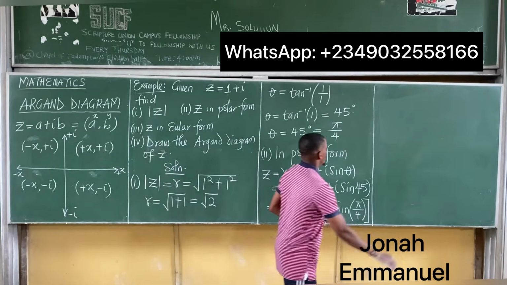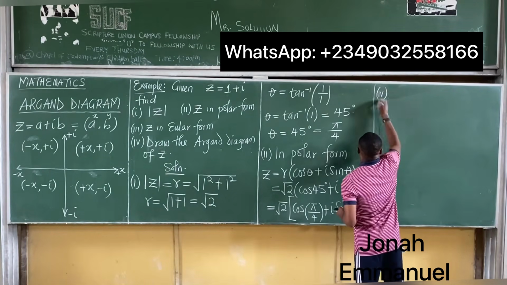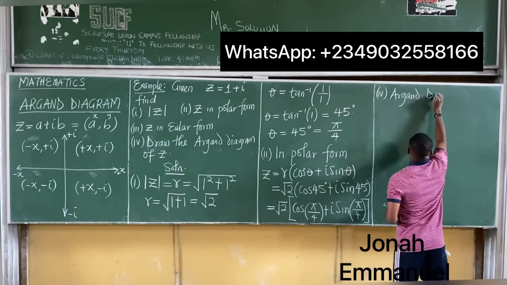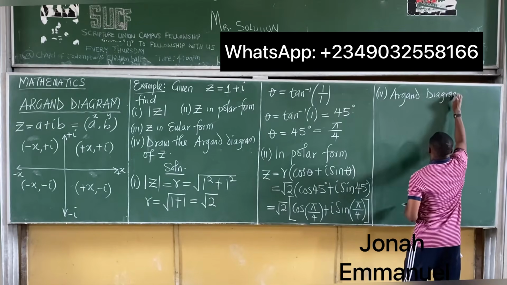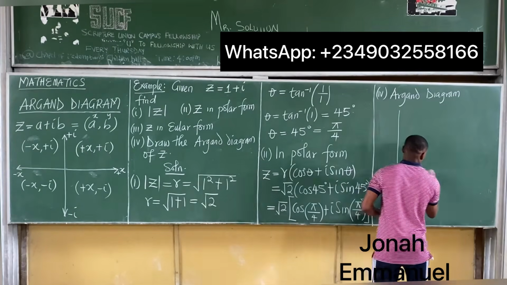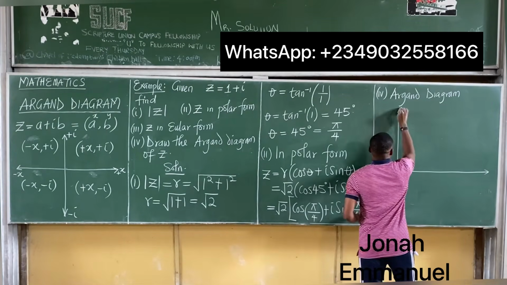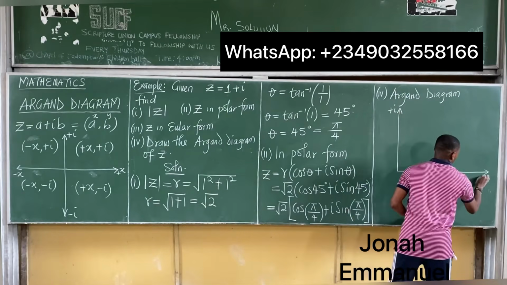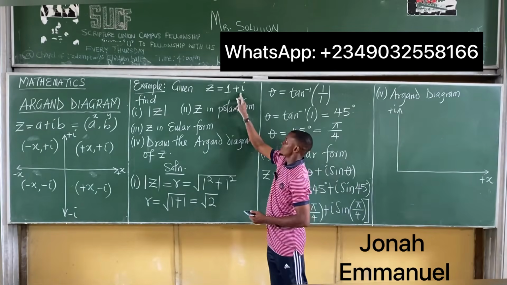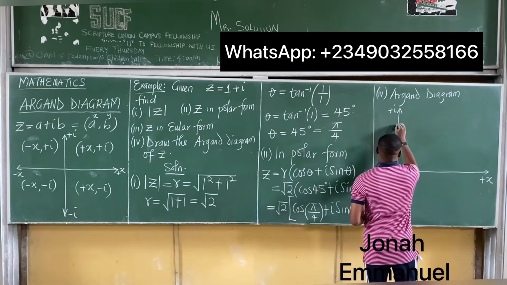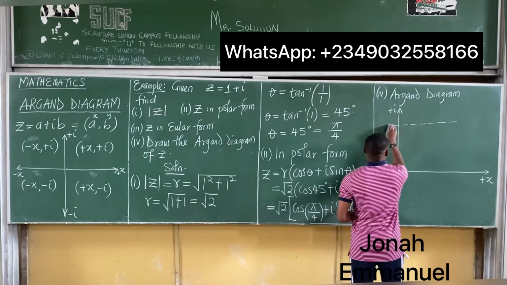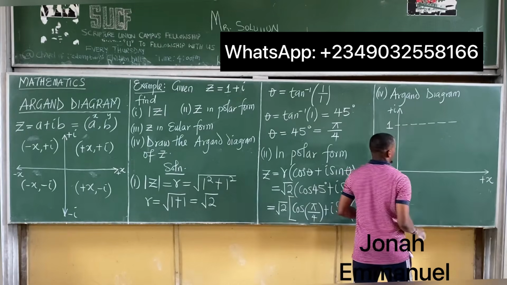So for IV, the Argand diagram: I have this axis here, and this one here. This is my positive i axis, this is positive x. The value is 1, so 1 here and 1 here. So 1 at this point, positive 1 for the coefficient of i.